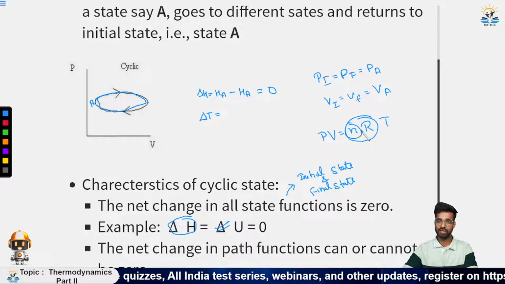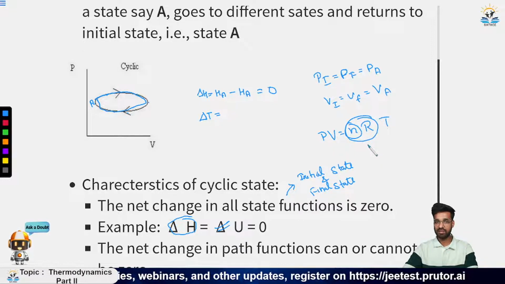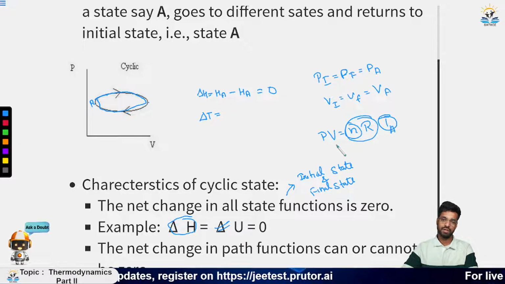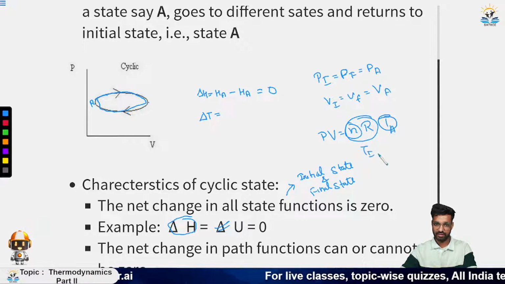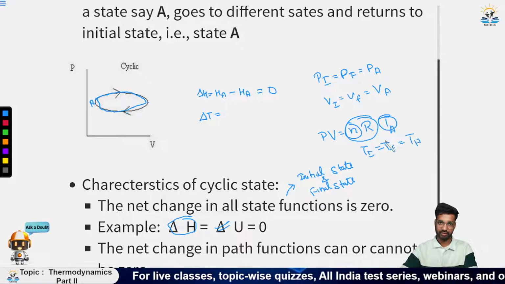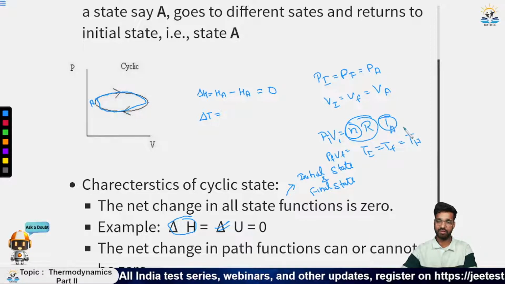Now since these are both constant, as we are always taking a closed system, or you can say isolated system, this T will be the same, so it will be TA. So T initial is equal to T final is equal to TA. That means if we put P initial here and P final here, and if we calculate, we will get the same.